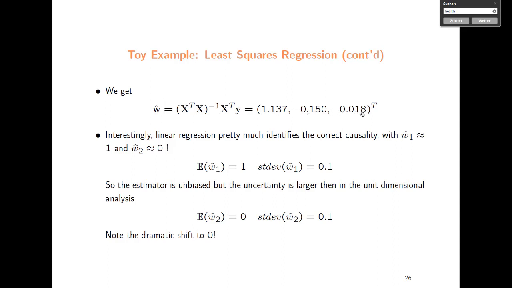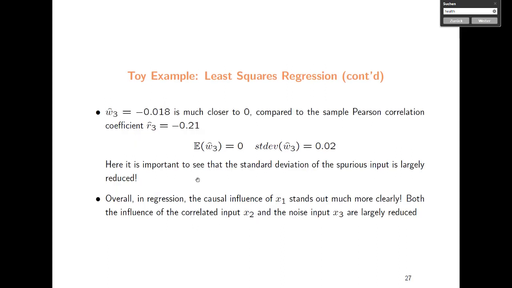And the third one is also closer to 0. And if you look at the expected value, this should be the true parameter with sort of a larger standard deviation. The second one on expectation should be 0, which is a dramatic shift. It was 1 before, now the expectation would be 0. And the third one in expectation should be 0 and has a smaller standard deviation.